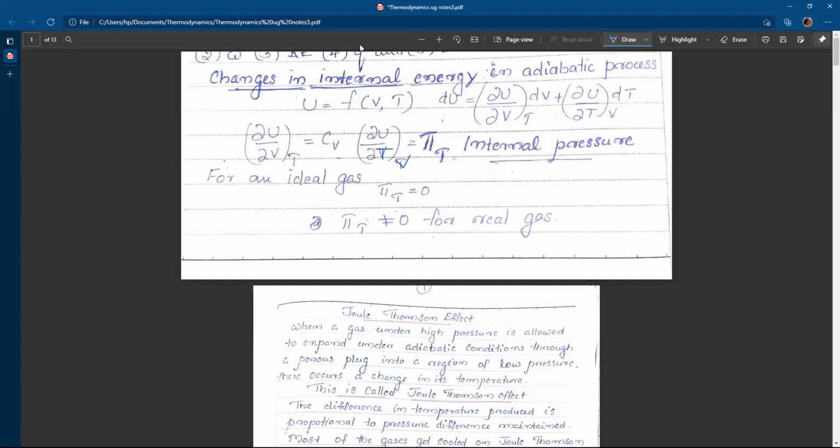Before that, internal energy is a function of volume and temperature. dU is equal to (∂U/∂V) at constant temperature into dV plus (∂U/∂T) at constant volume into dT.